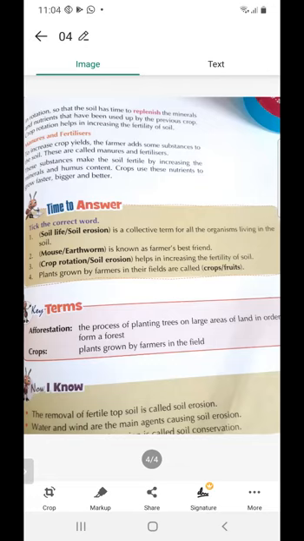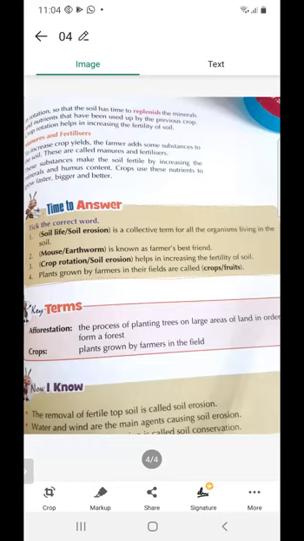Fourth point is plants grown by the farmers in their fields are called crops. So the answer is crops. First point is dash is a collective term for all organisms. Answer is soil life.